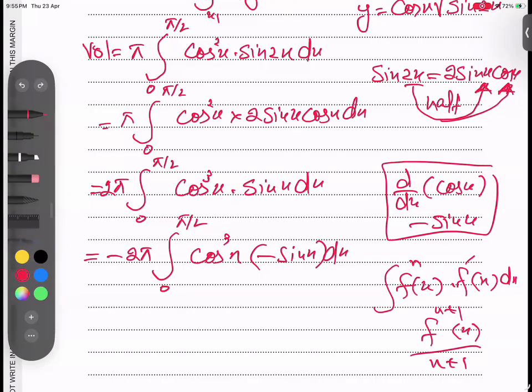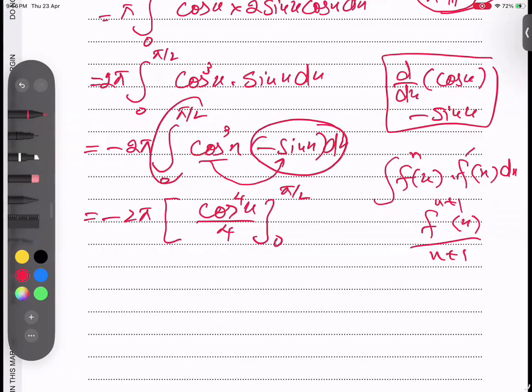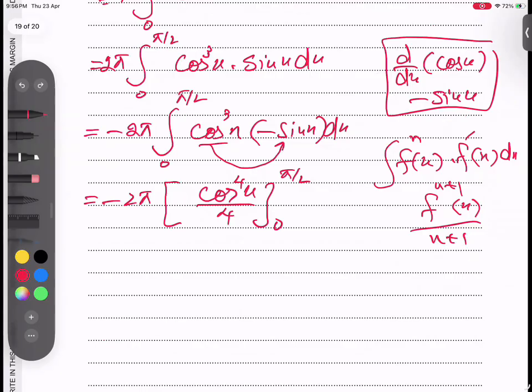So the function and its derivative are both available at the same level. So it means, students, negative 2 pi outside and 0 to pi by 2. I can do it directly now. Integration of this is cos 4 x by 4 with limits 0 to pi by 2. And this will eliminate automatically.